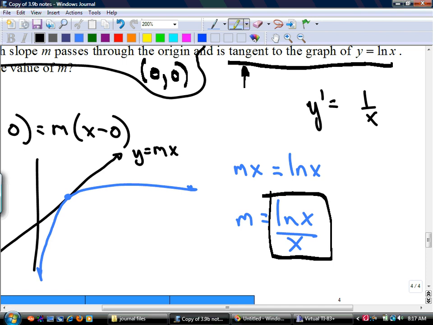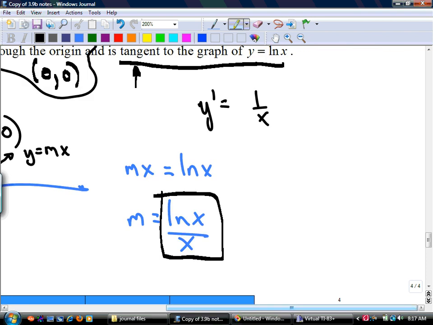I don't even think we need to know the derivative. Unless, and then m equals 1 over x. So we get an equation that looks like this: 1 over x equals ln x over x.